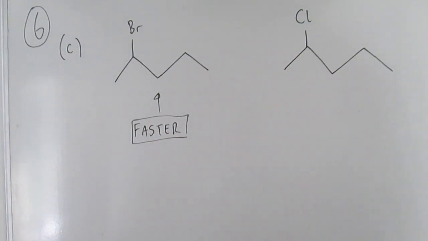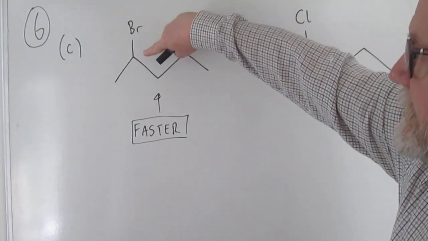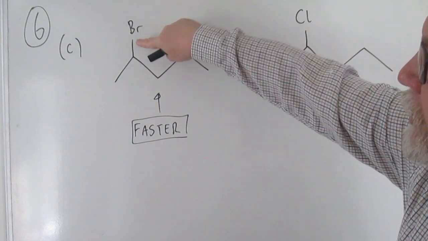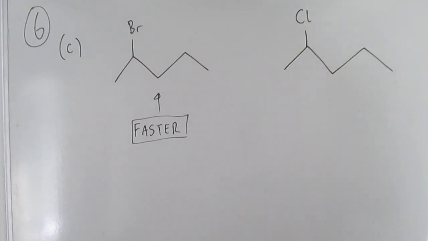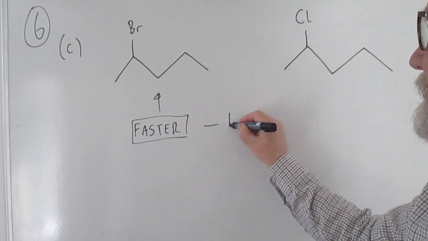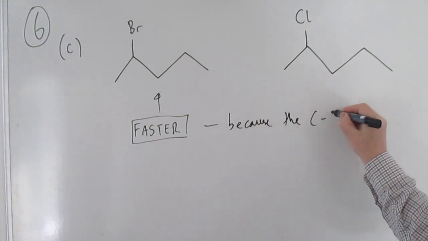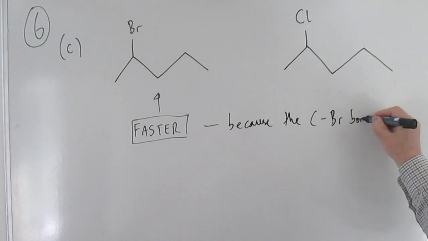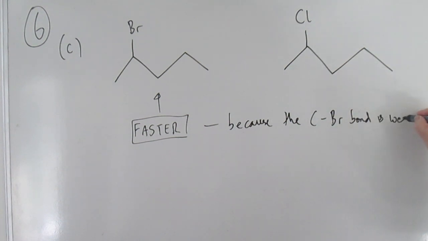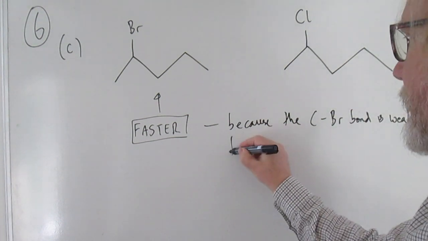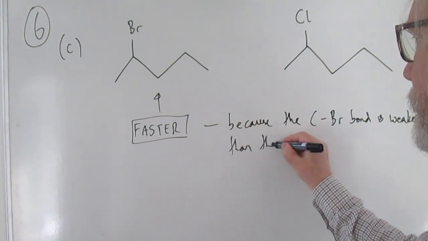So that's the answer as to which one reacts faster, and the explanation has to do with the strength of the carbon to bromine bond compared to the carbon to chlorine bond. Okay, so that's faster because the CBr bond is weaker than the CCl bond.